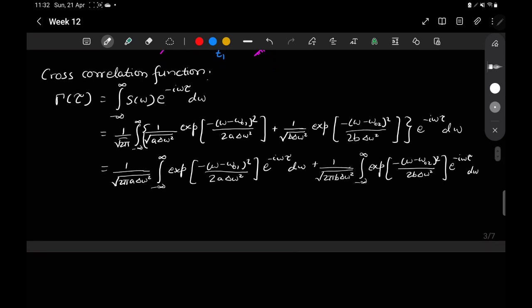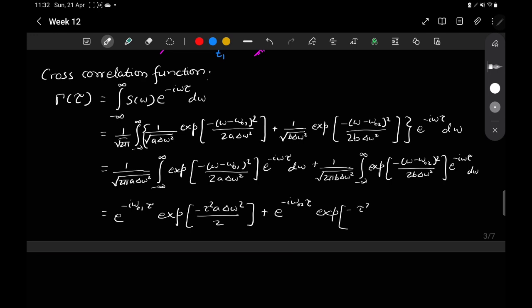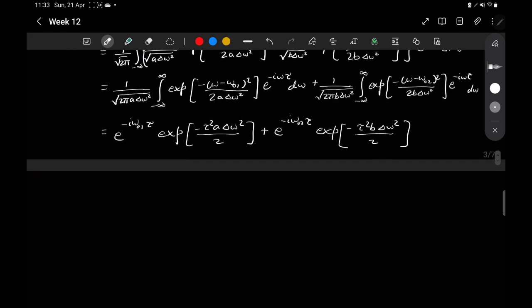Now these integrals turn out to give the following results, and let us now see how.